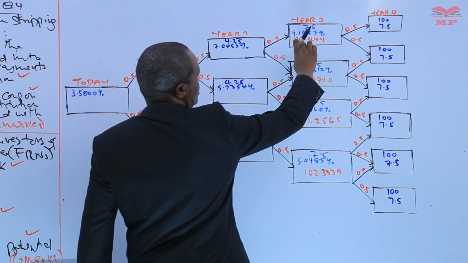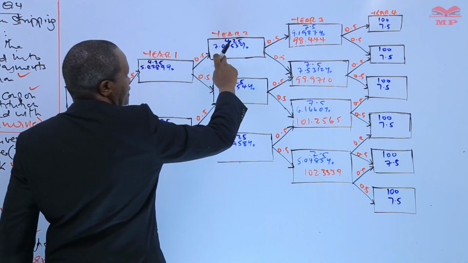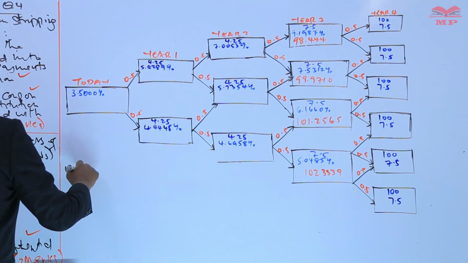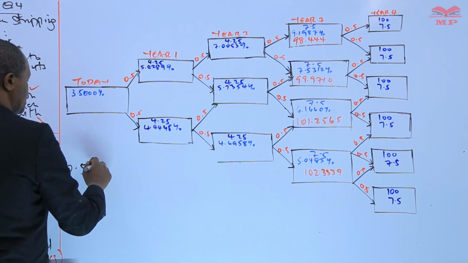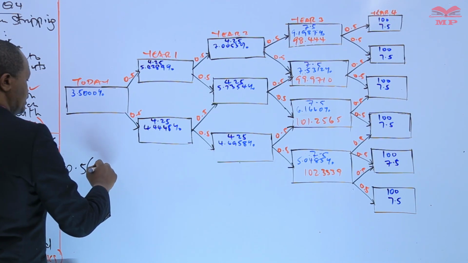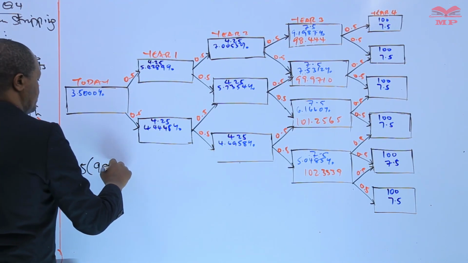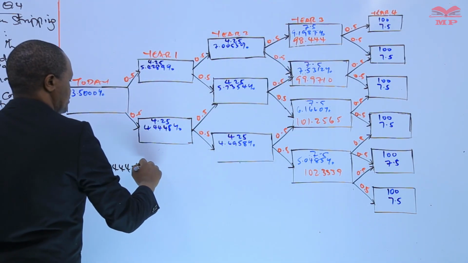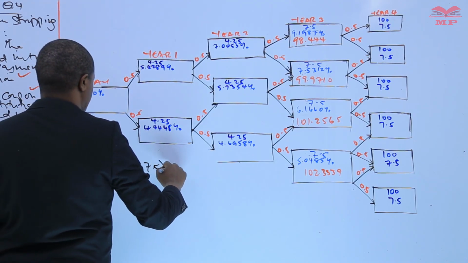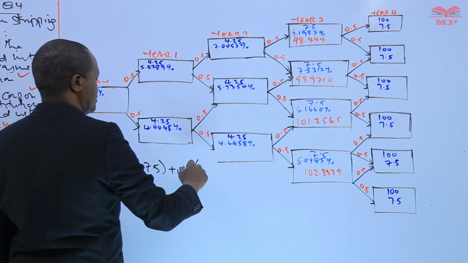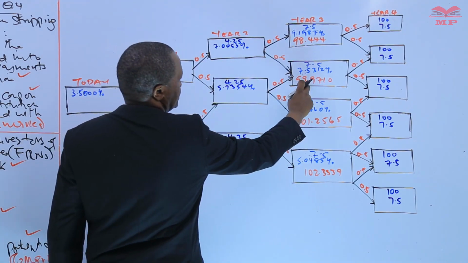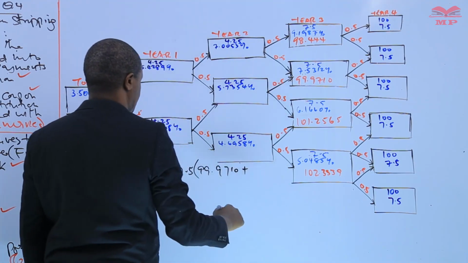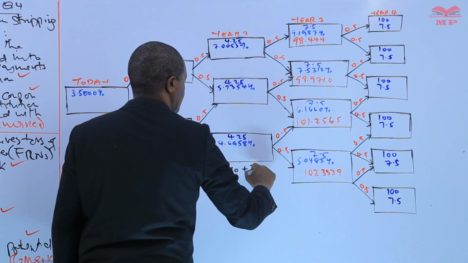We are going to combine these two nodes to get the present value at year 2. That would be equal to 0.5 into 98.444 plus 7.5, where 7.5 is the interest, plus 0.5 into 99.9710 plus 7.5.